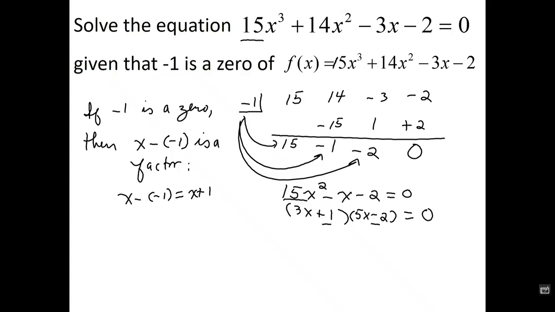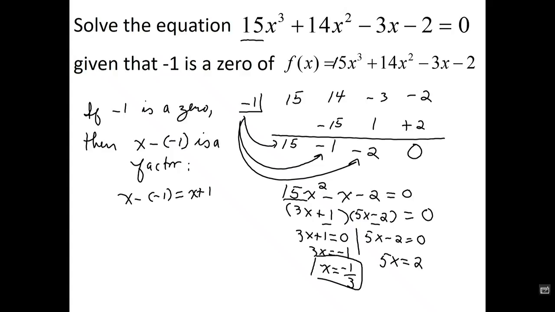Now if we use the zero product principle, we have that 3x plus 1 is equal to 0, and 5x minus 2 is equal to 0. So 3x is equal to a negative 1, x is equal to a negative 1/3. 5x is equal to 2, x is equal to 2/5.